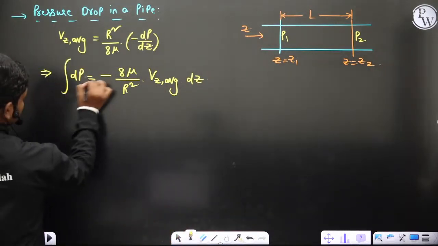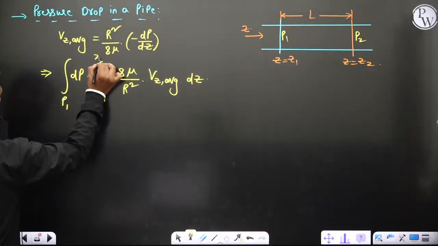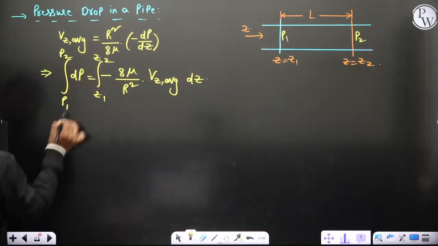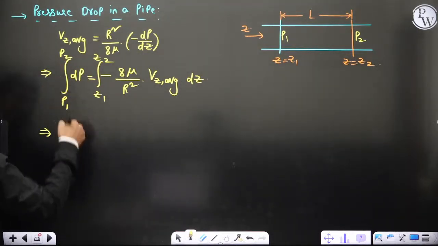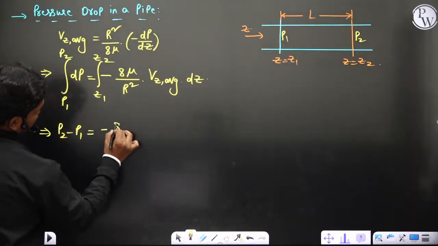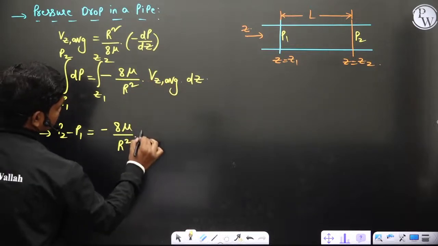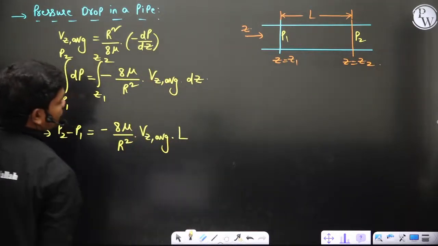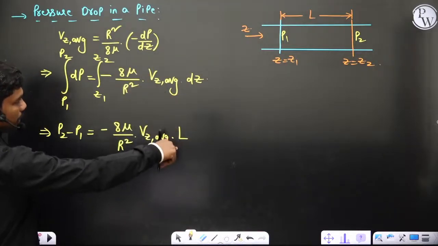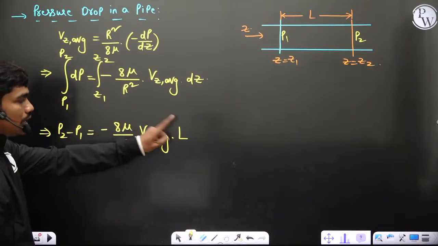If you integrate this expression, at z equal to z1, pressure is P1. At z equal to z2, pressure is P2. So if you simplify, because the integration of dP is P, P2 minus P1 is minus 8 mu by r square into Vz average into L. Because z2 minus z1 is actually L, mu is constant, r square is constant, and Vz average into L is also constant.